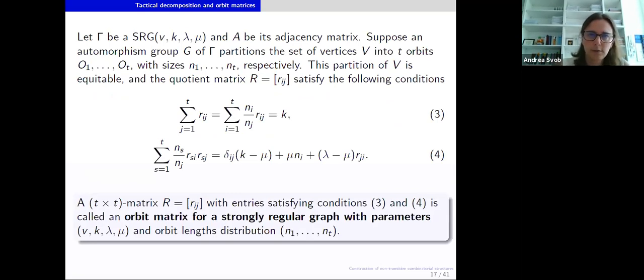Okay, so what can we say about strongly regular graphs more. Let gamma be a strongly regular graph with parameters v, k, lambda, mu, and let A be its adjacency matrix.